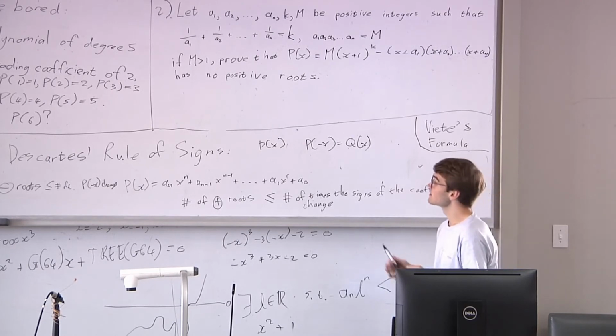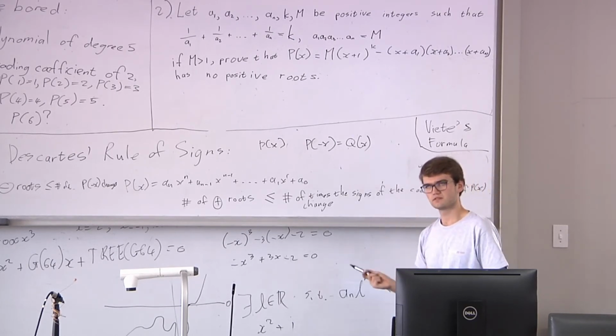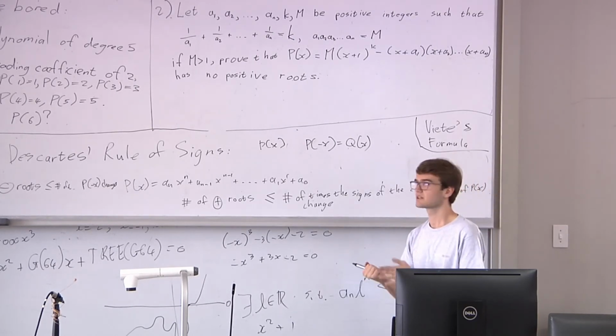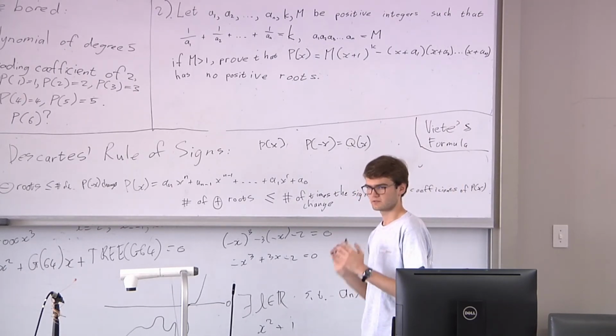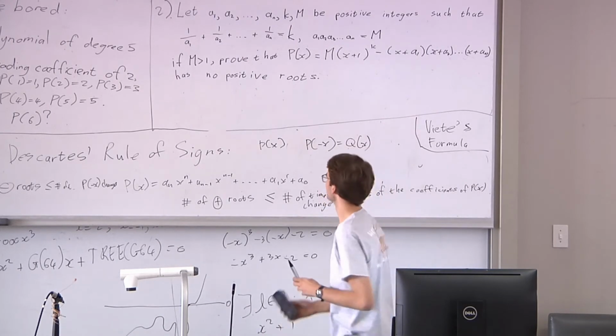Next up. So that was for positive real numbers and negative real numbers. So the next step would be to move to rational numbers. Okay.